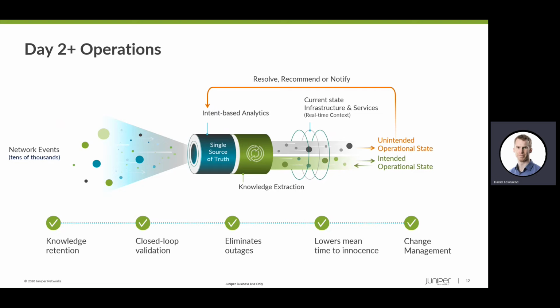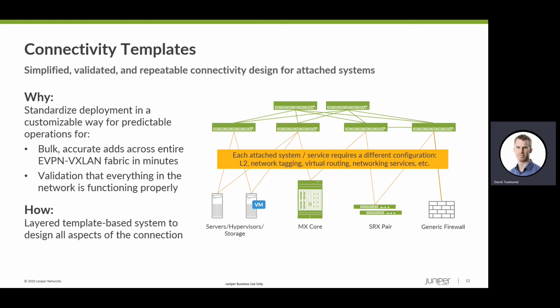All of this together is really eliminating outages, lowering the mean time to resolution, and providing, as I said, that closed loop validation. Because you've designed and deployed your intent, we're providing that closed loop validation.